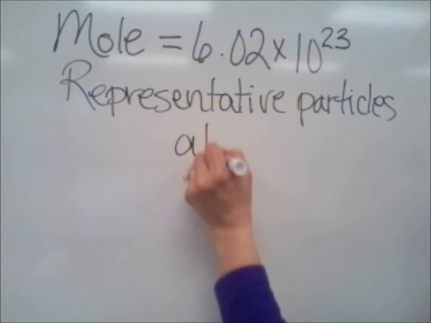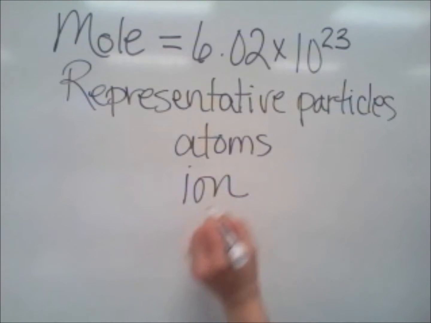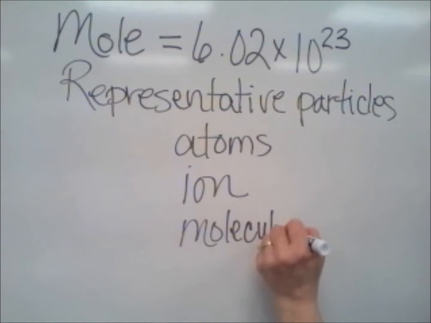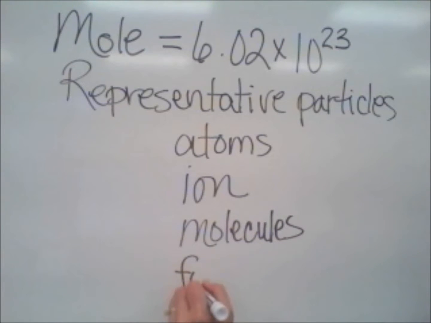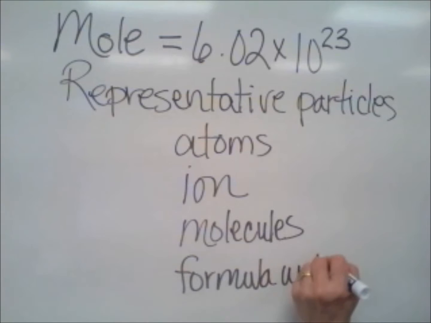Representative particles, actually, you're very familiar with. They include atoms, ions, molecules, and formula units. Remember, we have the elements of the periodic table and their smallest particles are the atom.